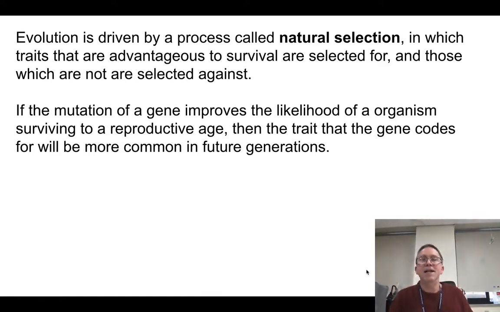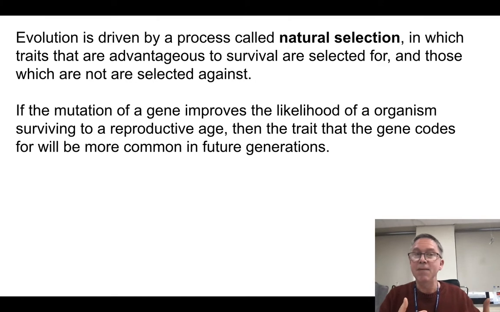So the idea is the driving force behind biologic evolution is this process of natural selection. So basically, natural selection means that if a mutation causes a change in a trait, and that new trait that the descendant acquired through this mutation makes them more likely to survive to a reproductive age, you notice it makes them more likely to get to reproduce, then that means that that gene is going to become more prevalent in future generations.